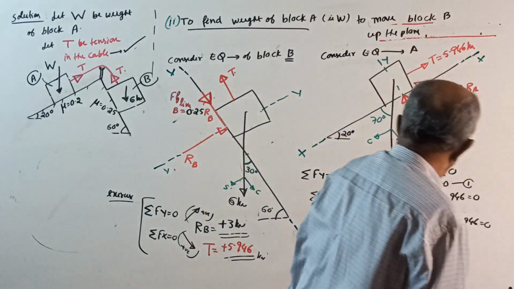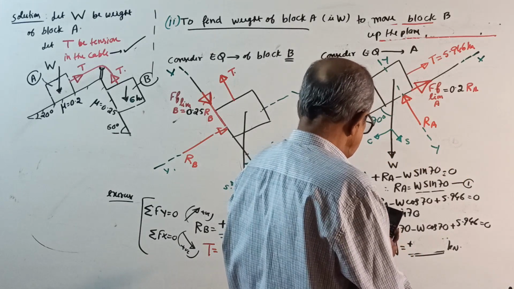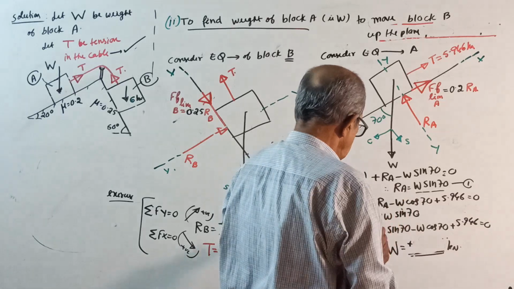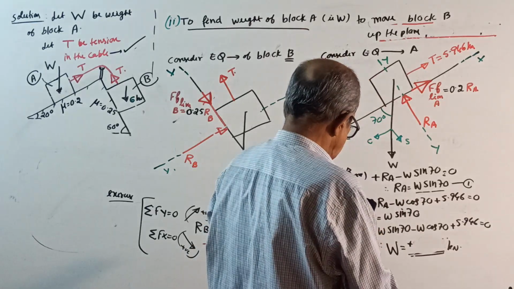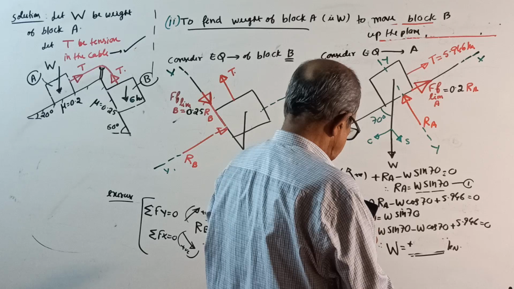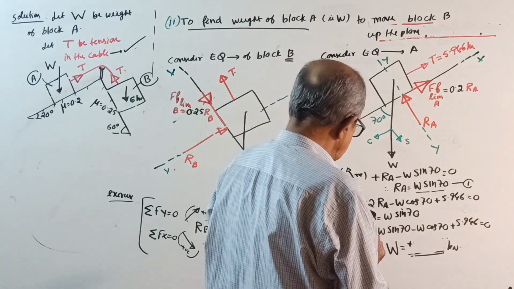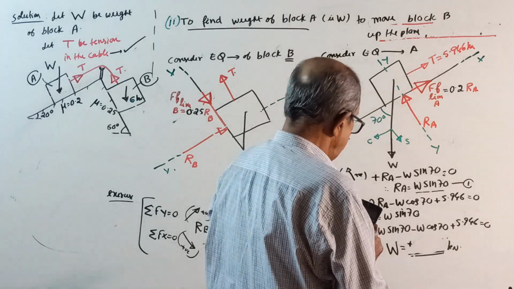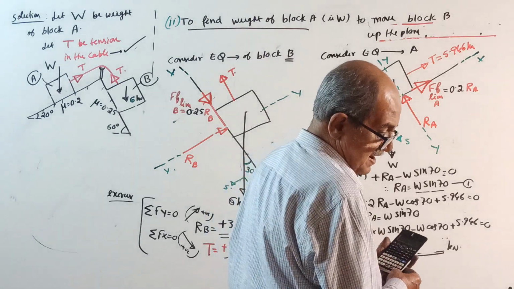W will come 0.2 into sin 70, minus cos 70, into minus 1, equal to the reciprocal into 5.946. 38.589.